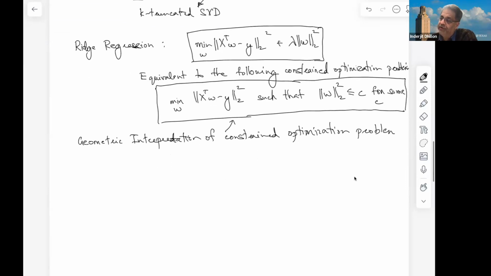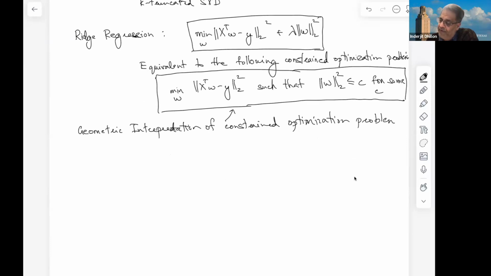What you can show is that if I look at this function, our least squares function, then it actually looks like the following.